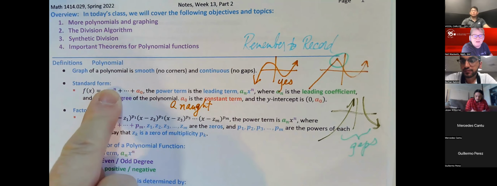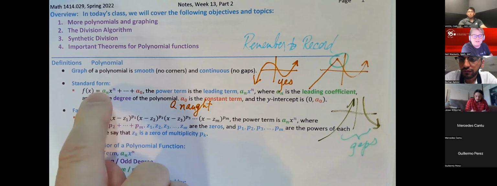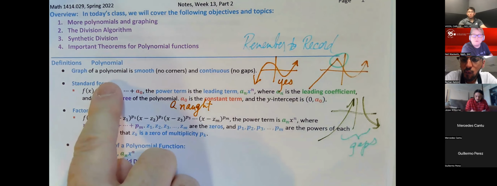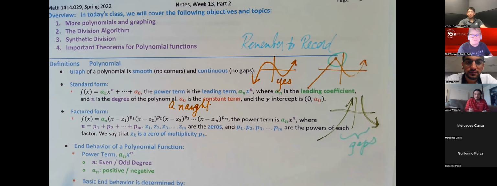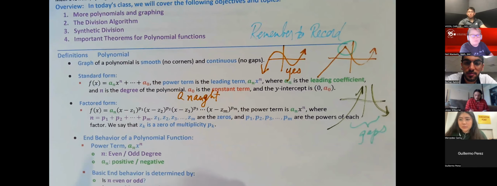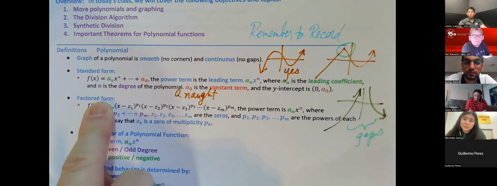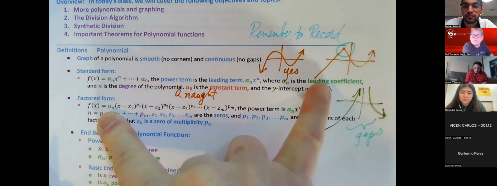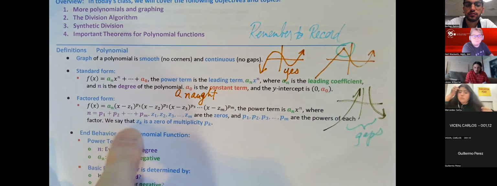So it's easy to find n in standard form. It's easy to find the y-intercept in standard form. But to find the zeros, we have to factor. In factored form, a sub n, the leading coefficient, is the number out front.